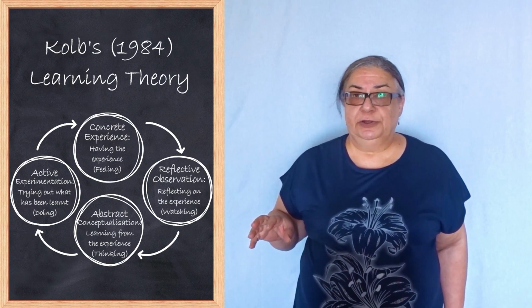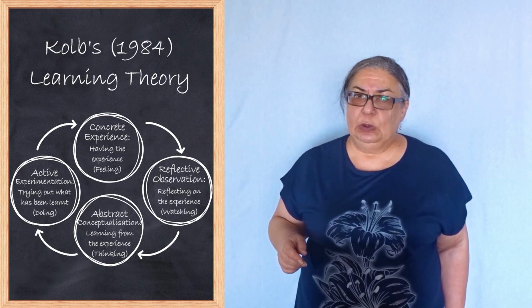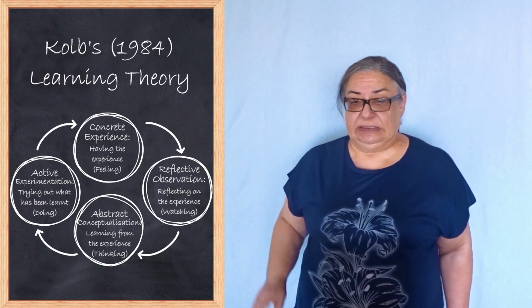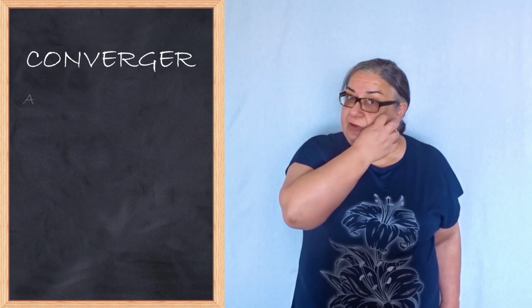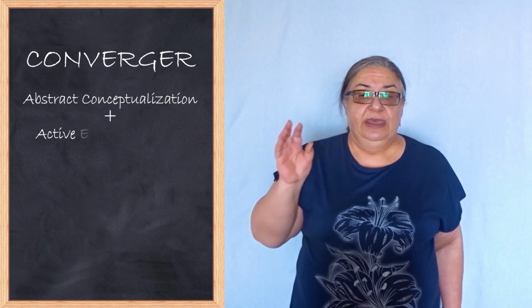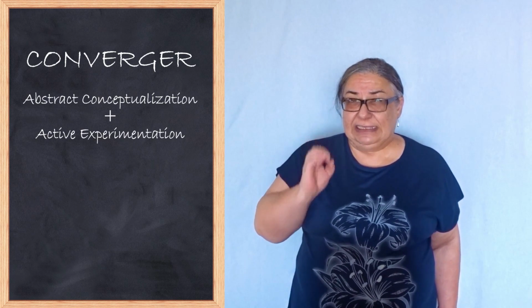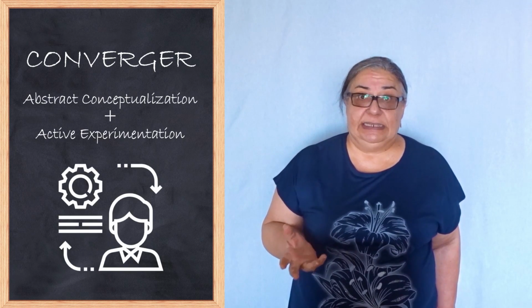According to Kolb's learning style inventory, there are 4 learning styles that employ different combinations of these aspects. For example, we have Converger, which is a combination of abstract conceptualization plus active experimentation.